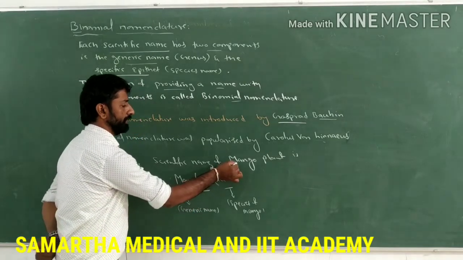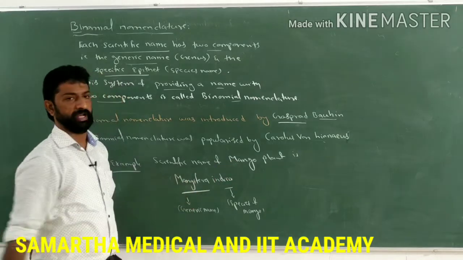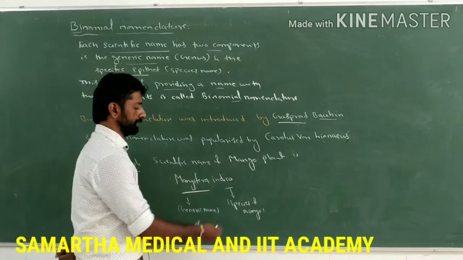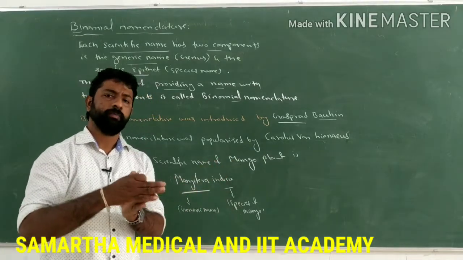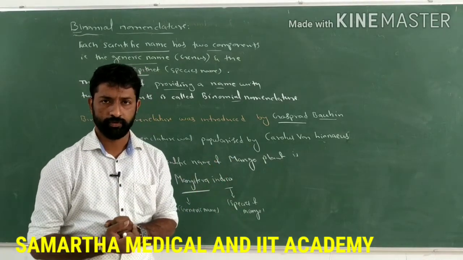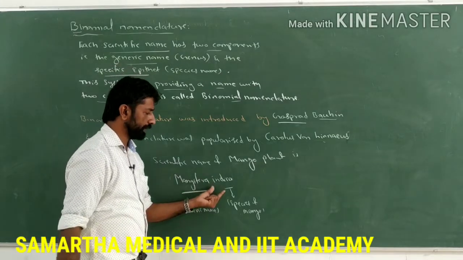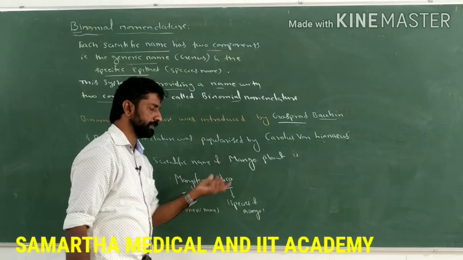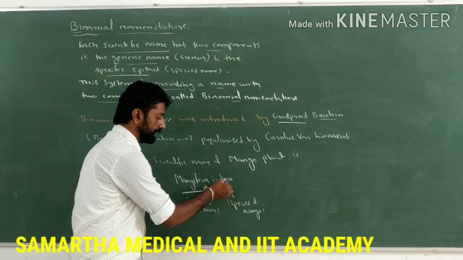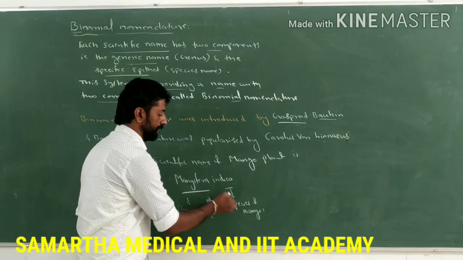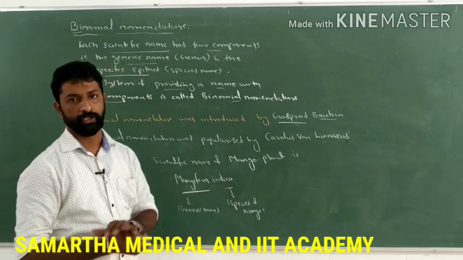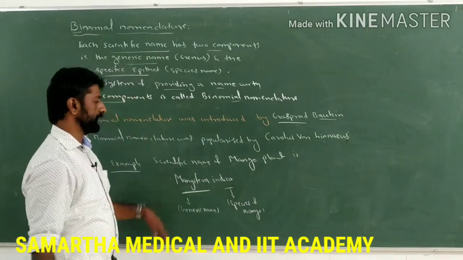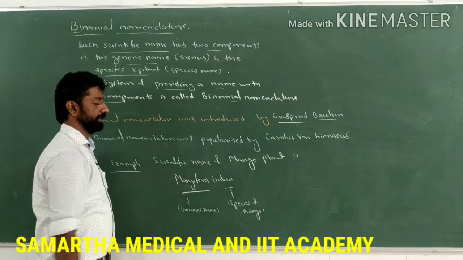Here the genus of mango is Mangifera, and next is the species. In that genus there will be many different species, and particularly the species this mango belongs to is indica.